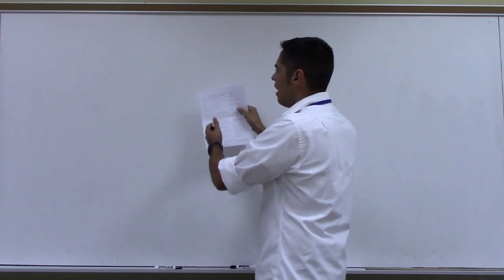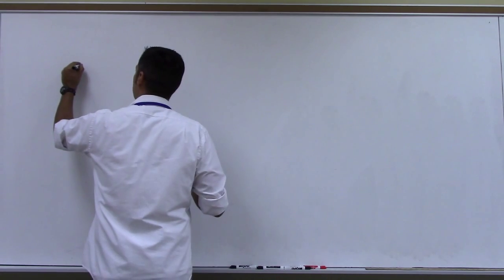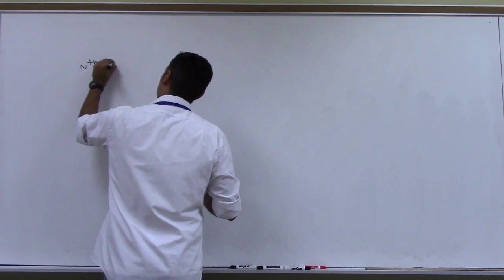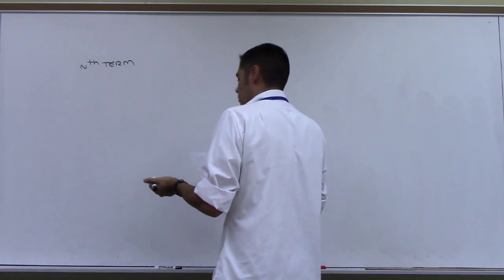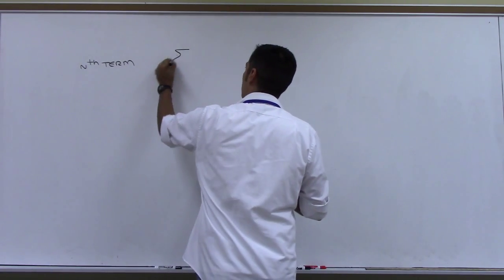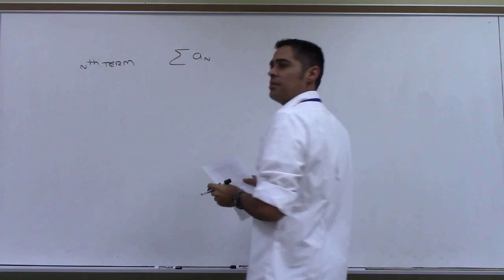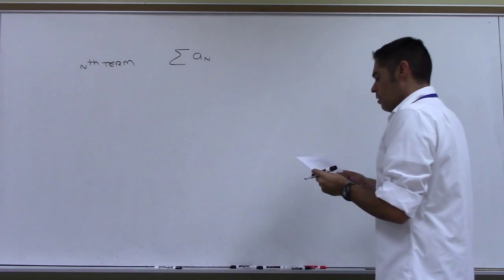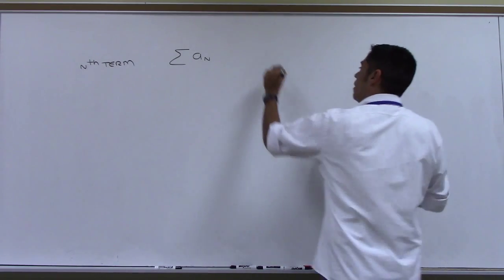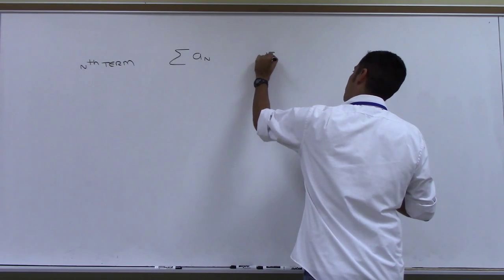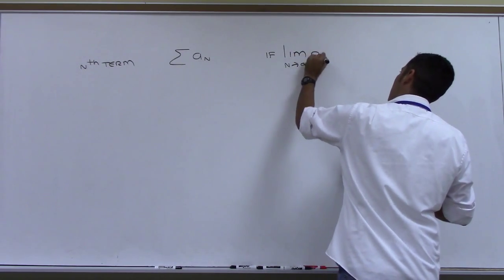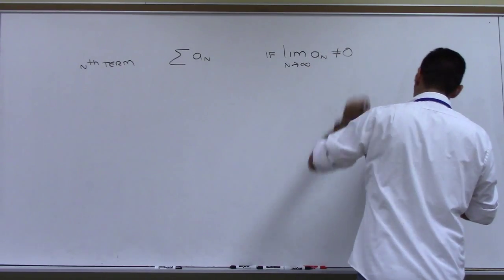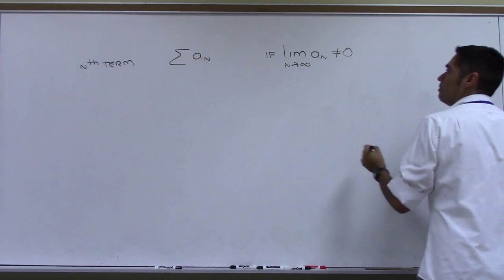So the way this is laid out, it gives you the name of the test, the Nth Term Test, and then, what is it used for? Well, it's used when you're looking at some series like this. What does the test say? Well, it says that if the limit as n goes to infinity of a sub n does not equal 0, then what happens?